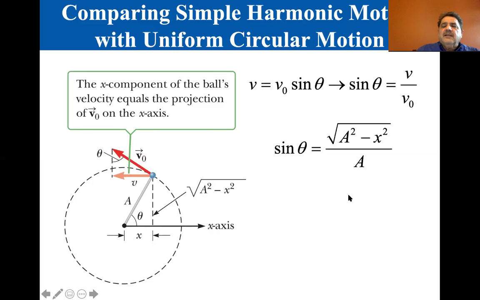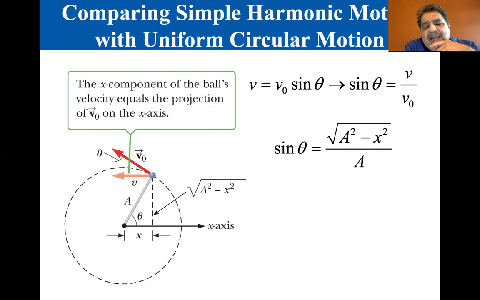So sine theta equals V over V0, and you can see that if you look at the theta, V being the side opposite and V0 being the hypotenuse. Now let's look at a different sine theta. The x component is the horizontal component.